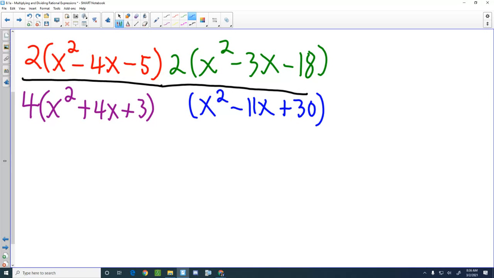At this point, I want to look at each of those trinomials, and we're just going to factor those with that basic reverse FOIL. This is where you ask yourself, what 2 numbers multiply to the constant, c, and add to the linear coefficient, b?